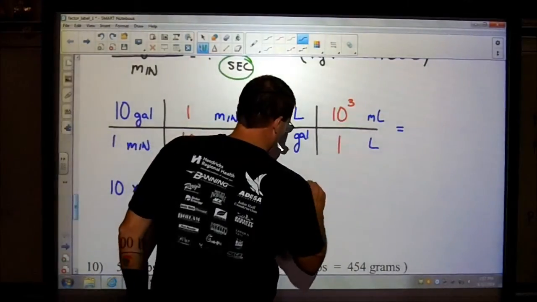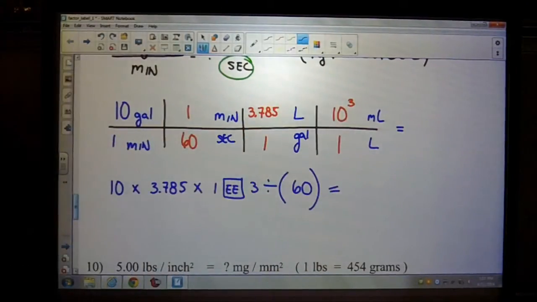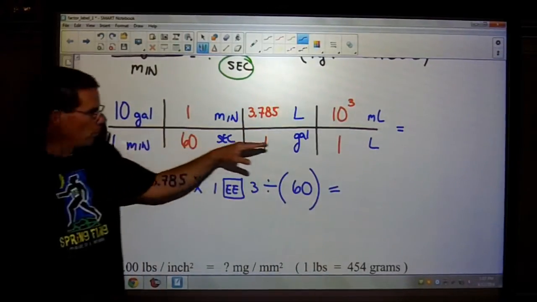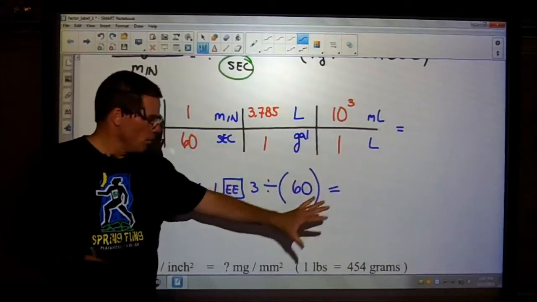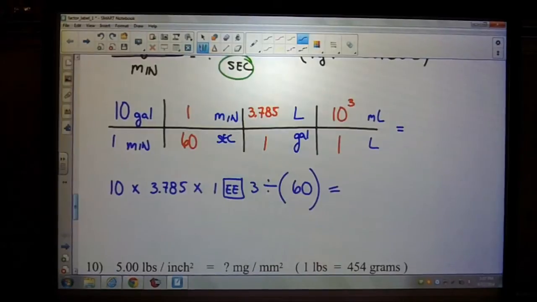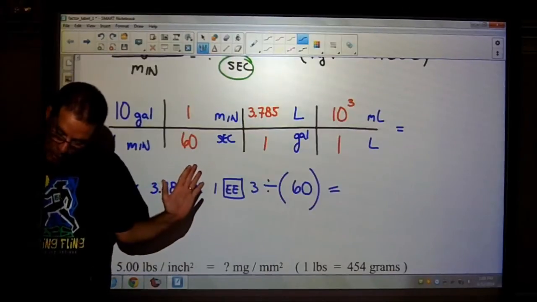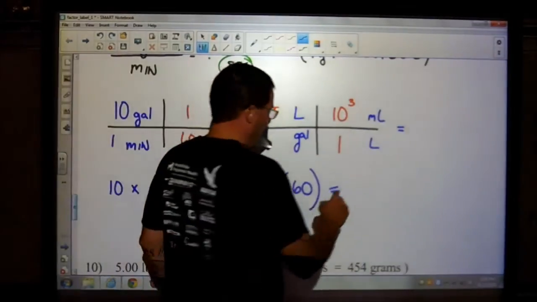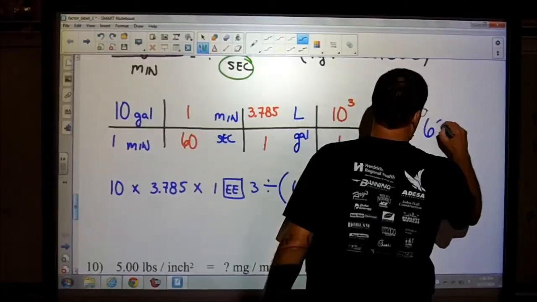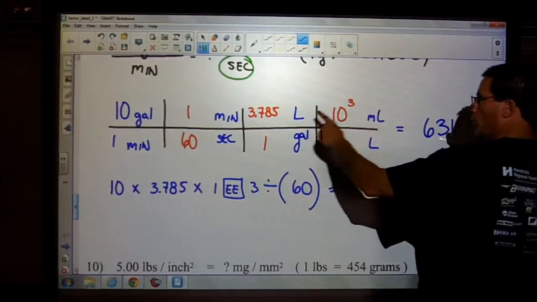Oh, that was pretty easy. Close it, and you get a number. Okay. Trust me, we'll have some problems where we have multiples down here, but we want to make sure that everything's in that parentheses. All right, so let's get a value here. So my calculator says 630.83 repeating. So I'm going to call that 631. And what my units are is milliliters per second.